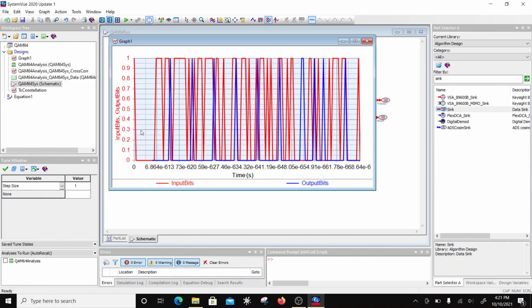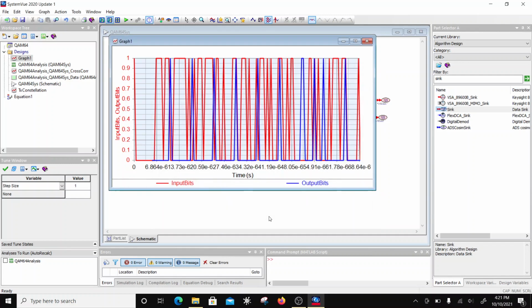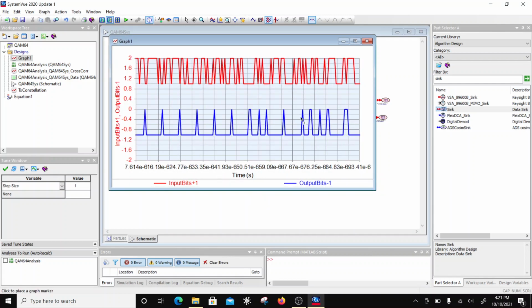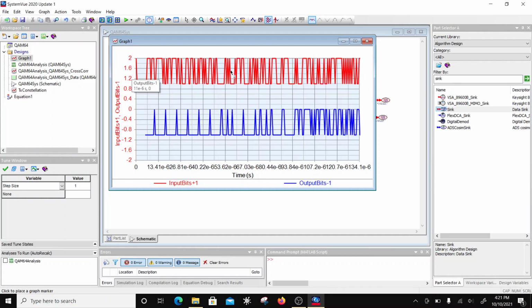So now I want to do one thing. I can take this graph, and because the graph is from 0 to 1, let's add 1 to this and minus 1 to this, so it will split the two waveforms into two graphs, and say okay. So now you see here the blue one is the output bits and the red one is the input bits.